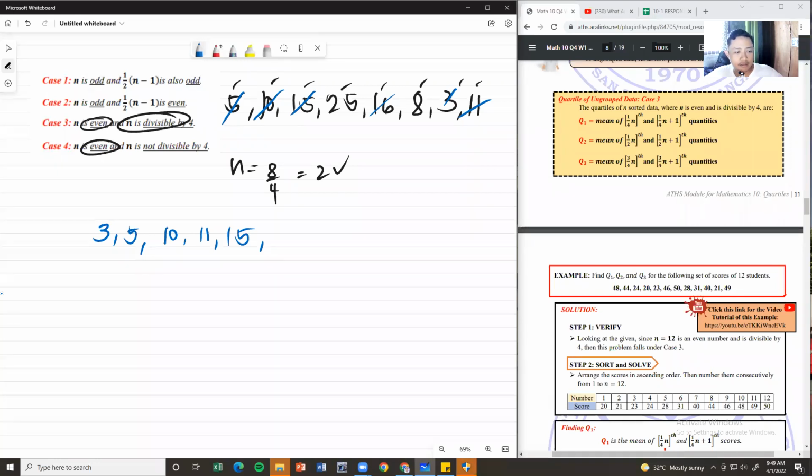I forgot 8. So 3, 5, 8, 10, 11, 15, 16, and then 25. Okay, 1, 2, 3, 4, 5, 6, 7, 8. So, if you want to follow the formula, you do the formula. I will just show you the fastest way to do this.